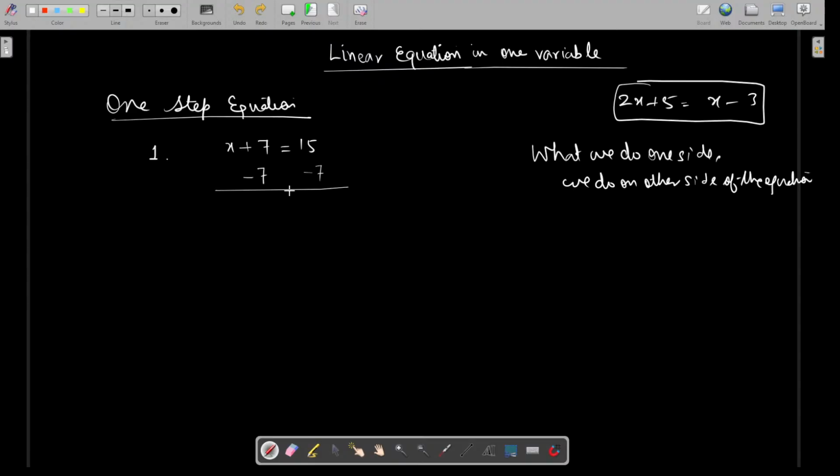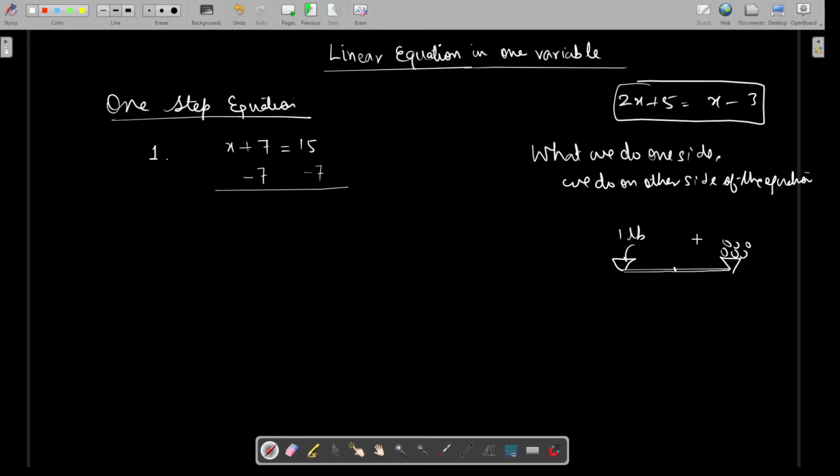Just to understand this, suppose we have a weighing scale. You go to the market and you have to get 1 kilo or 1 pound of some stuff. So you put a weight of 1 pound on one side and the stuff of 1 pound on the other side, and as soon as they are balanced, the scale becomes straight, isn't it?